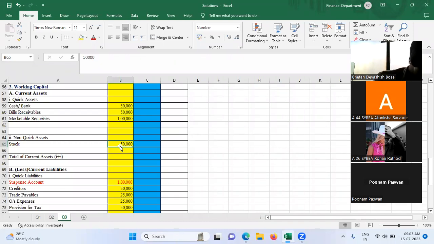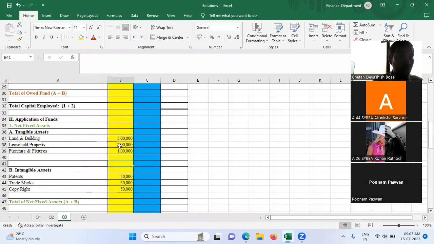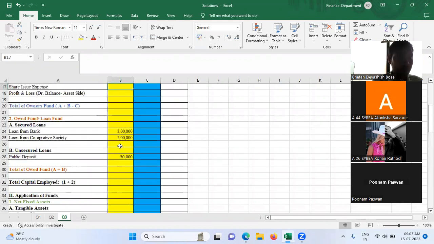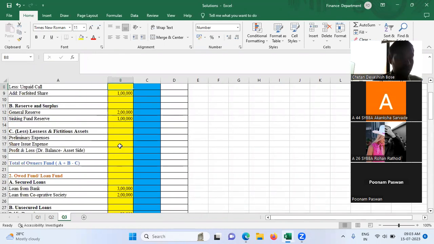Discount on issue of debentures and profit and loss account which is not written off. On the asset side, discount on issue of debentures or profit and loss not written off are part of fictitious asset. So we need to go to the fictitious asset column. Look at the fictitious asset column.